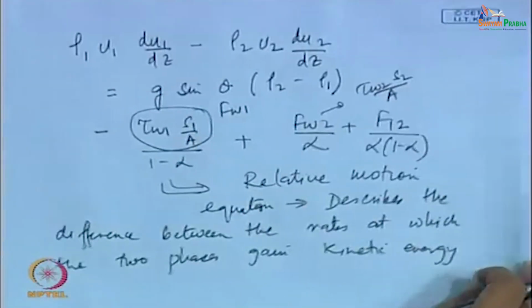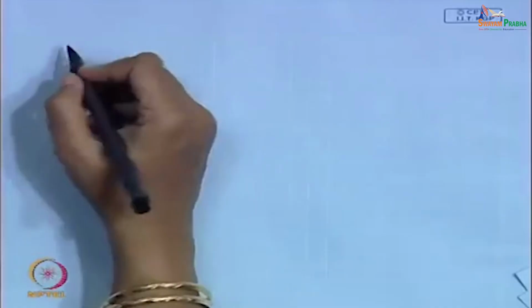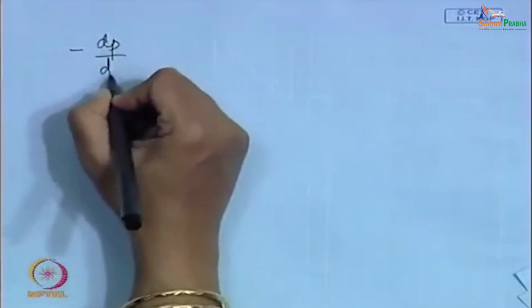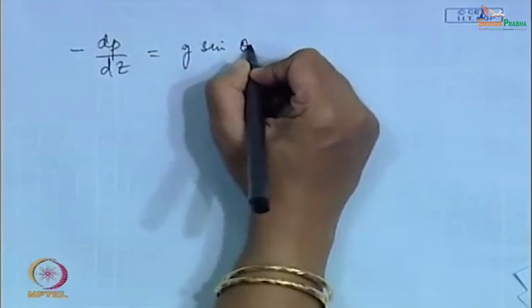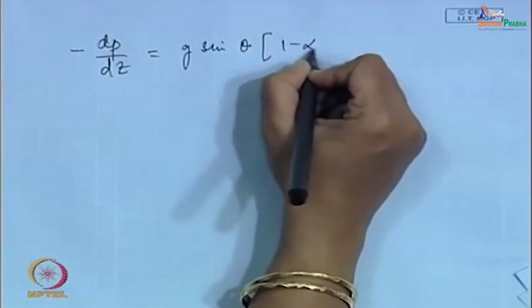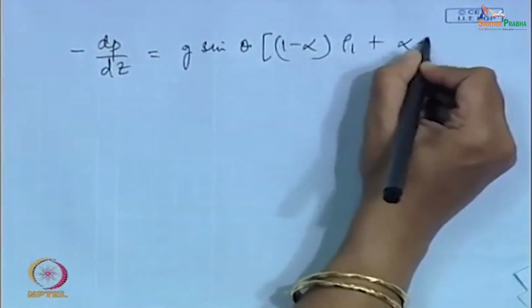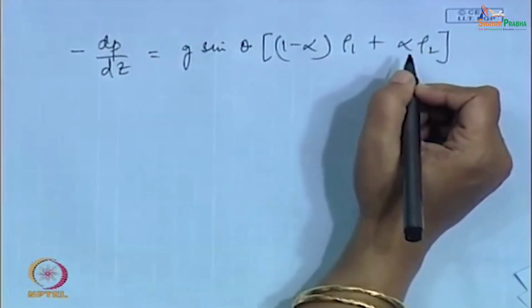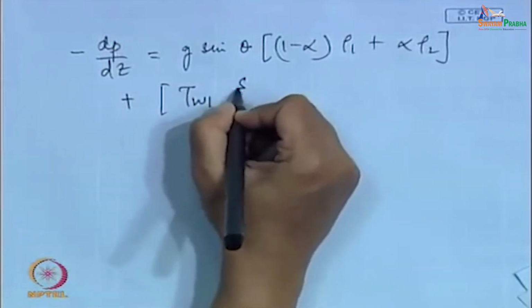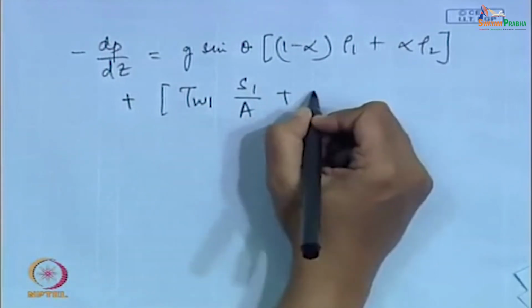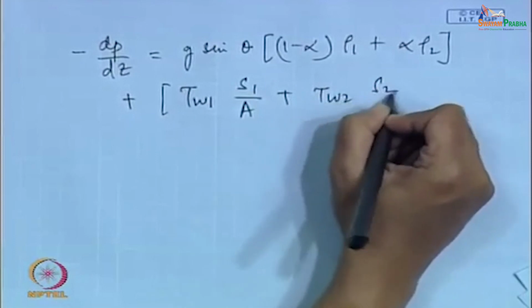Simply do this particular addition, and the thing which we are going to get is minus dp/dz equal to g sin theta into (1 minus alpha) rho 1 plus alpha rho 2, or in other words this is rho TP, plus tau W1 S1 by A plus tau W2 S2 by A.